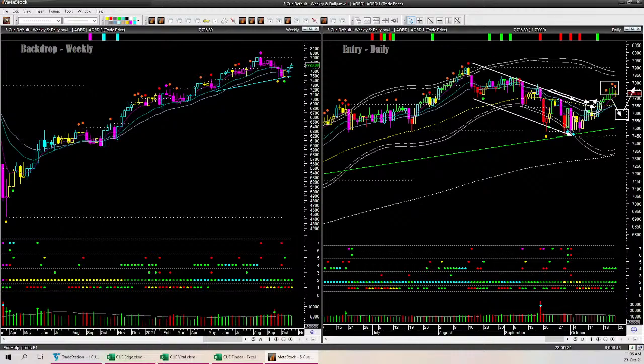We don't have a confirmed uptrend now. So we are in the area where the trend may be changing. If it creates a higher low and goes up, we'll be happy to buy. If it, on the other hand, breaks below this trendline support, then we will be very happy to look for short setups in individual stocks.